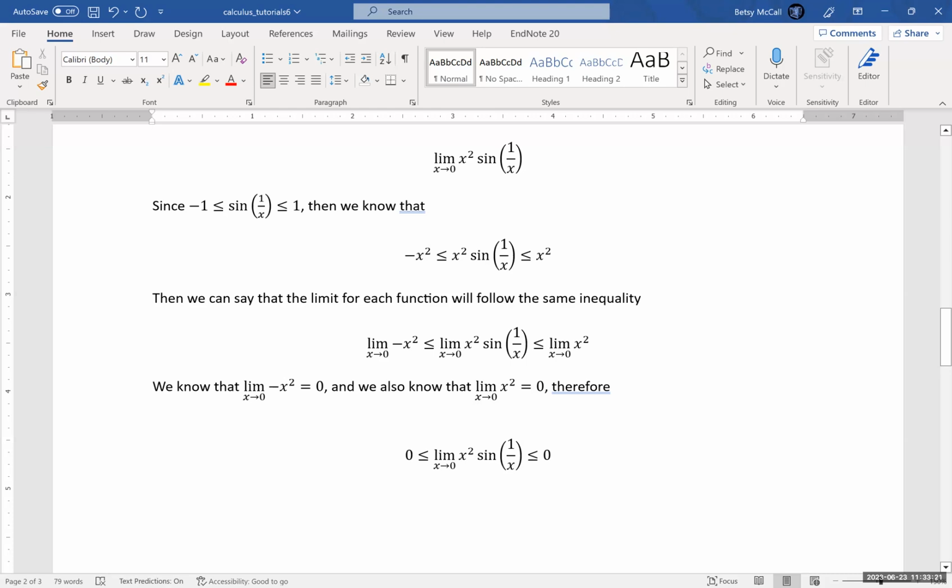This is why the squeeze theorem works, because the only thing this function can be that would satisfy this inequality is if the function on the inside is also 0. The only way to satisfy this inequality is for the limit inside to also be 0.